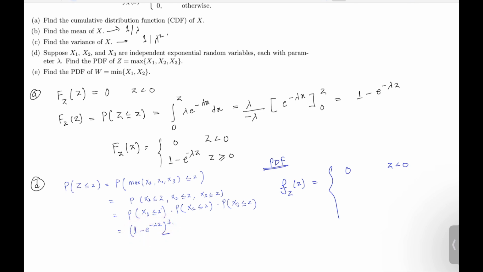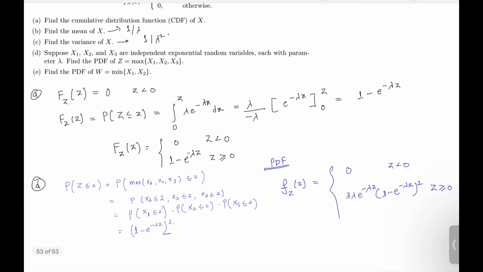So that would be 3 lambda e to the power minus lambda z times (1 minus e to the power minus lambda z), and this is when z is greater than or equal to 0. Here we will have a square also, right? You know how to differentiate this one. I am not going to differentiate it; you know very well how to differentiate the exponential.